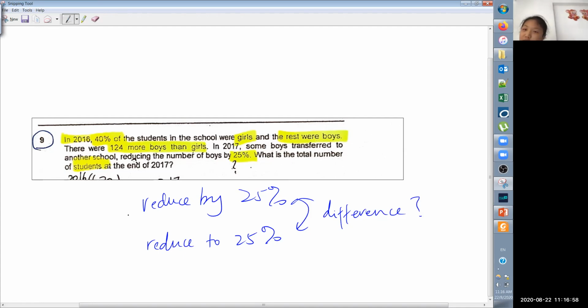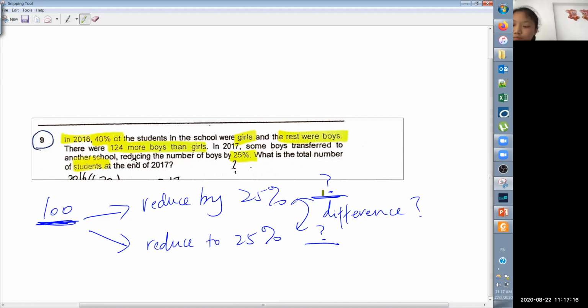Okay, 举个例子, you start with 100. So reduce by 25% and reduce to 25%. Can you tell me what is the answer for each? Okay, go ahead. You start with 100.